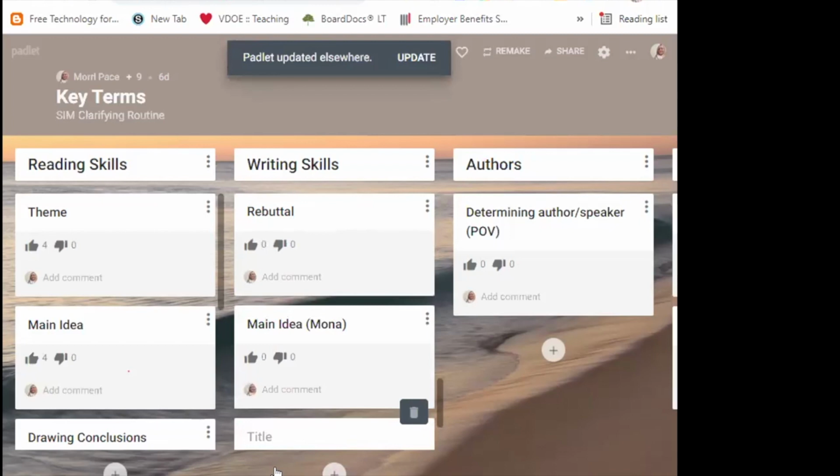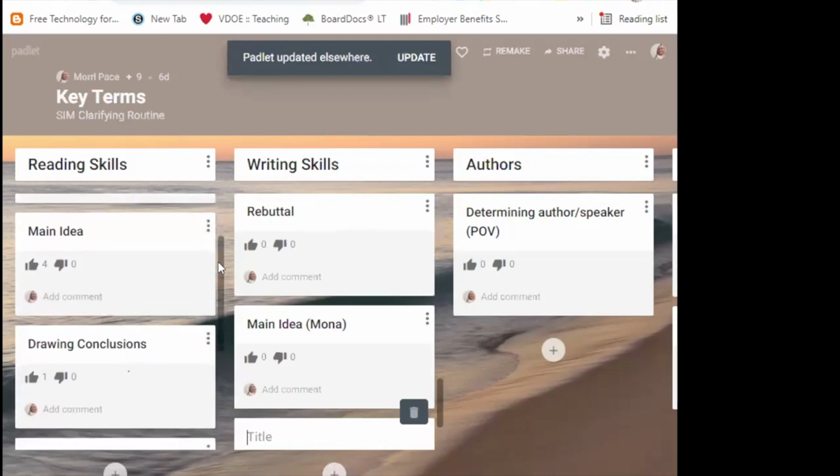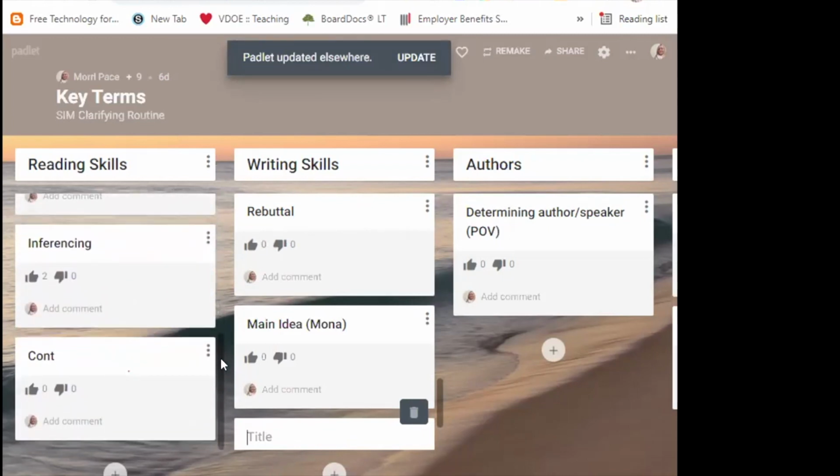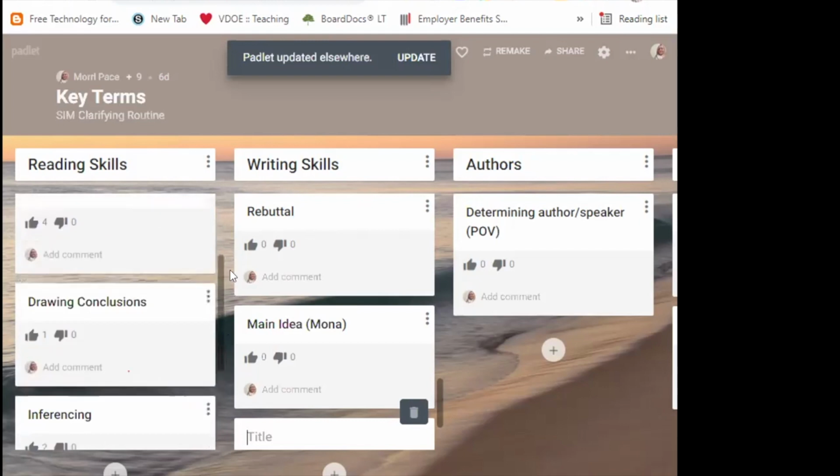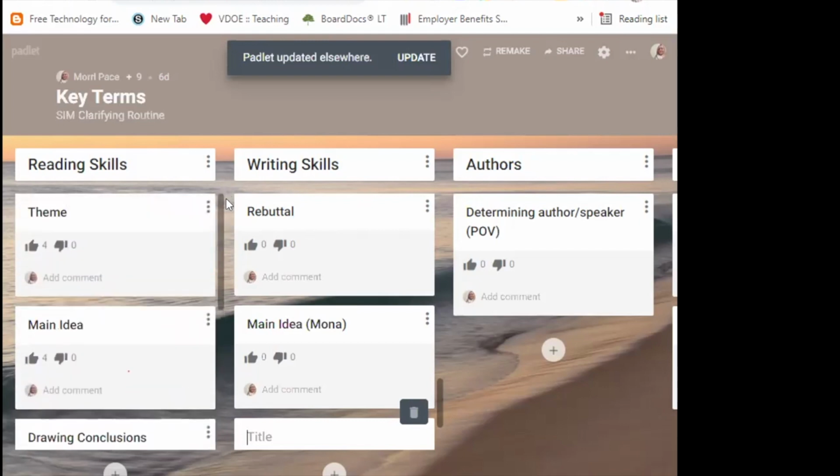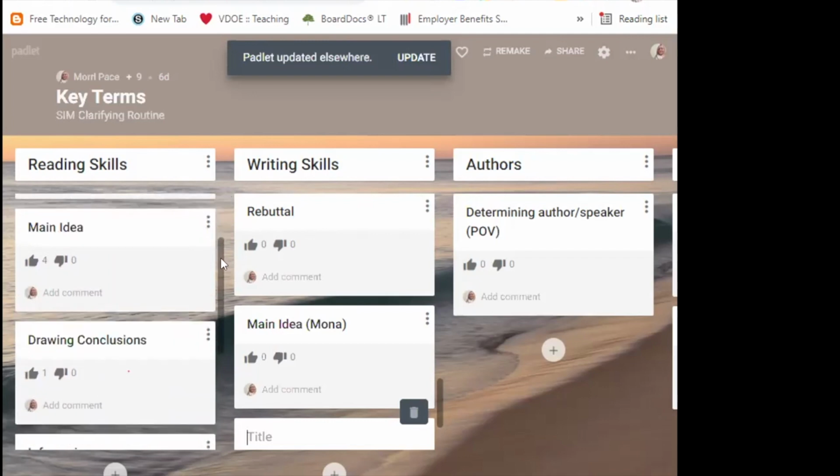And so what I wanted you to see, and you will have the availability to go back to this, is that most of these have thumbs ups next to them, right? So you can see that students across the board struggle with these.